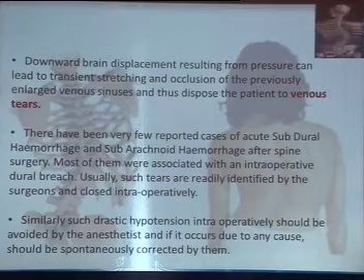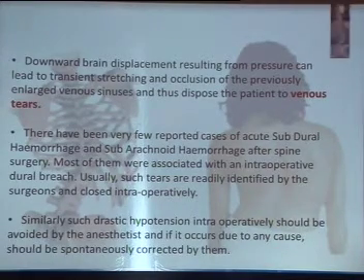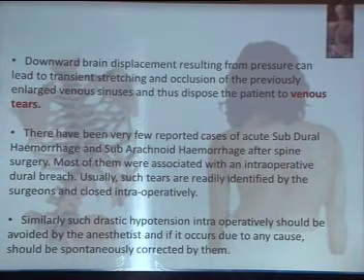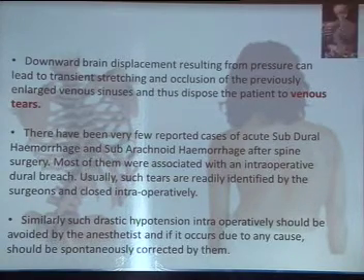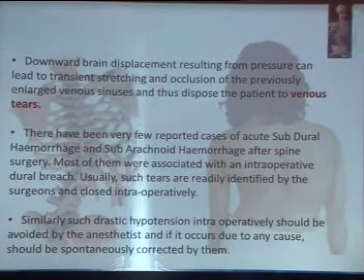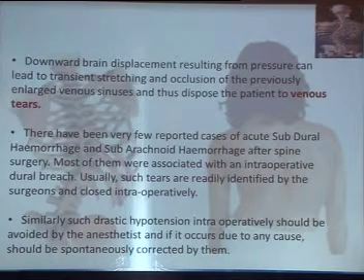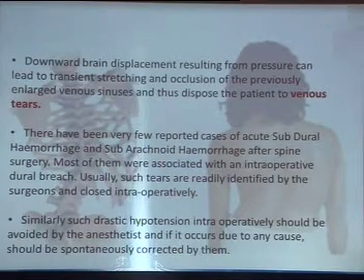The downward brain displacement resulting from the pressure can lead to transient stretching and occlusion of these previously engorged venous sinuses and thus predisposes these patients to venous tears. There have been very few reported cases of acute subdural hemorrhage and subarachnoid hemorrhage after spine surgery. Most of them have been associated with intraoperative dural breach.